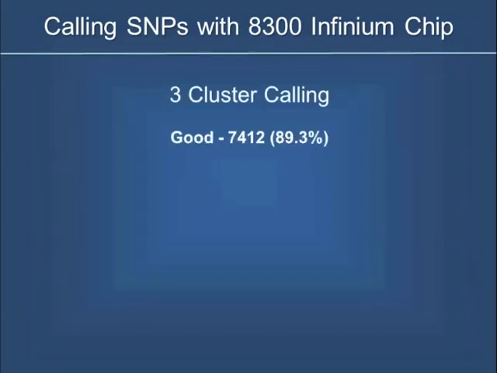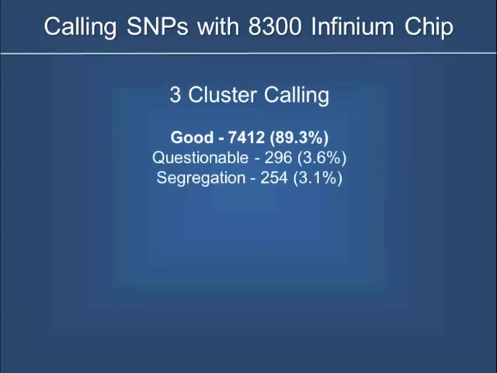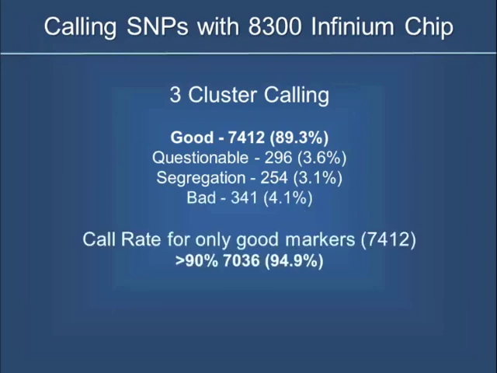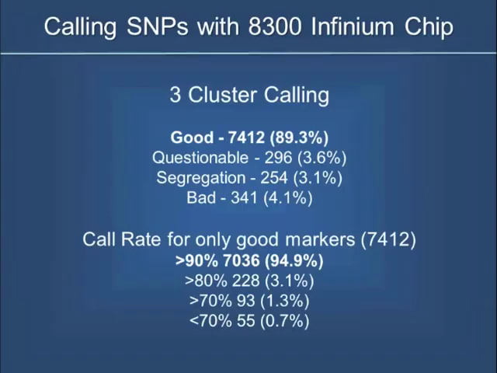Okay, so Candy Hansey, Robin's technician, has gone through the diversity panel, the Rust mapping population and the Diploid mapping population, and went through each SNP by SNP over the 8,300 SNPs to make her calls. Of those 8,300, she felt that 7,412 were good calls. This is over a broad germplasm base.